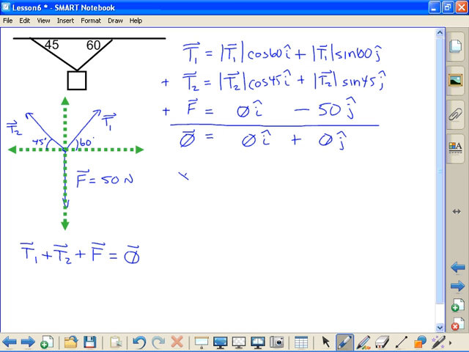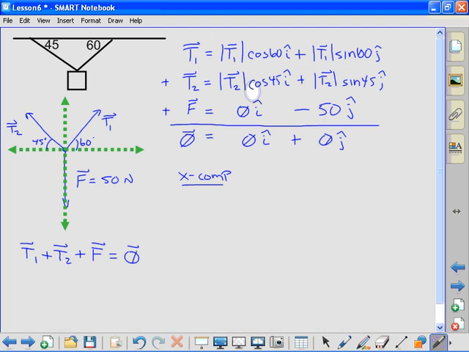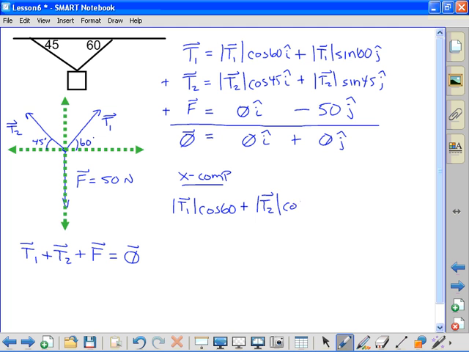So when I look at it in terms of the x component, I'm just going to write the equation for this column right here. So that would mean I would have magnitude of T1 cos 60 plus magnitude of T2 cos 45 plus 0.